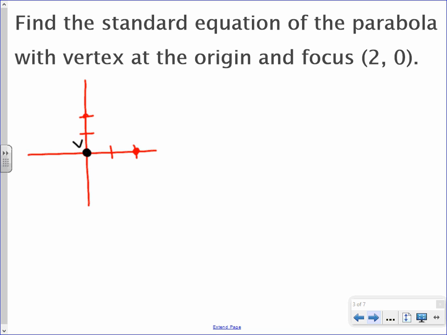We have a vertex at 0, 0 and a focus at 2, 0. So my first question, Connor, what direction does this open? It opens to the right. Our focus needs to be inside of the parabola, so we know this is opening to the right.